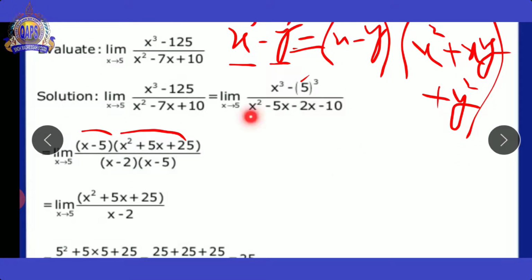And here we take x common from both terms, and negative is common from both, and 2 is common.